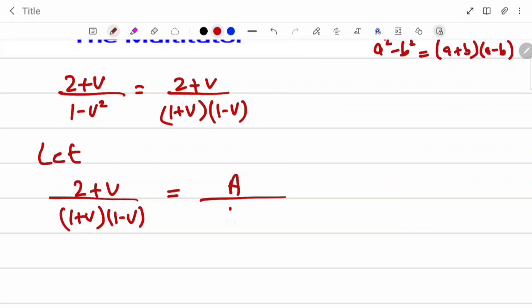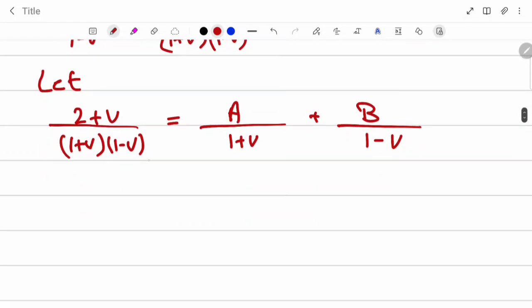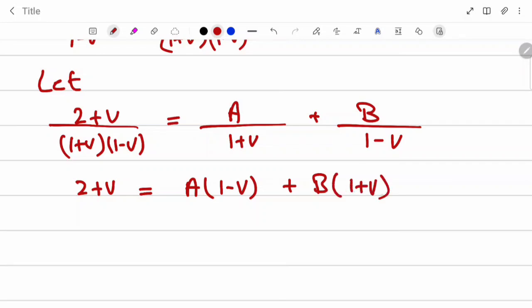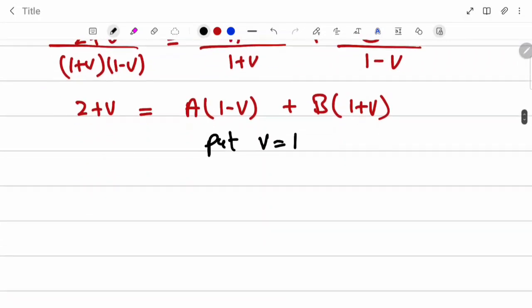Equals a upon 1 plus v plus b upon 1 minus v. Now, multiply the whole equation by this. So, this will become 2 plus v equals a(1 minus v) plus b(1 plus v). Next part is to put v equal to 1.